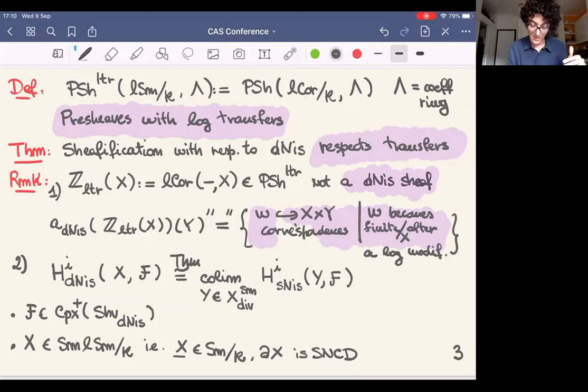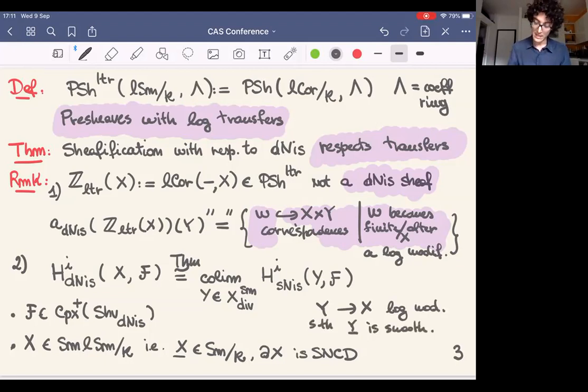And you can compute it in terms of a colimit of the strict Nisnevich topology, so the topology which sees very little about the log structure, and you have to take the colimit over all Y over X. So these are all the log modifications such that Y is smooth.